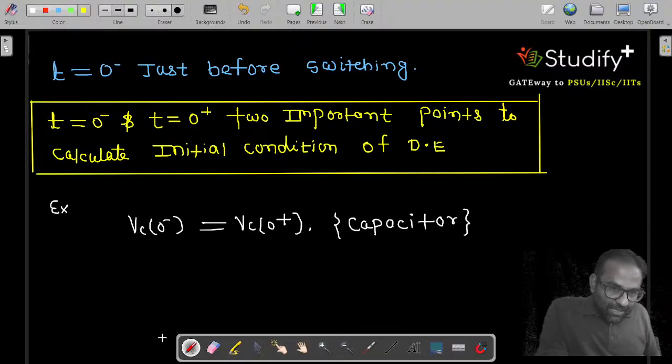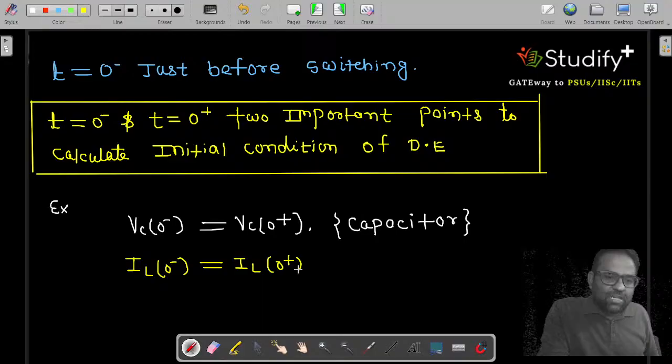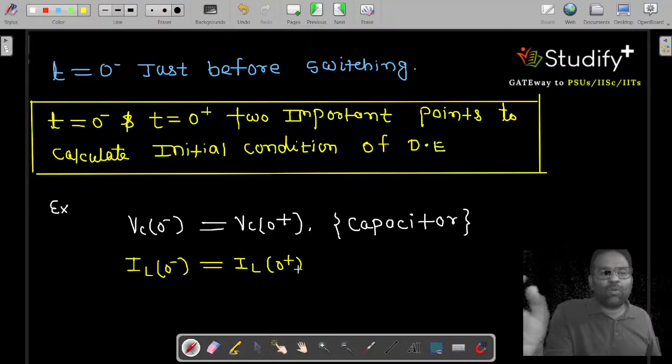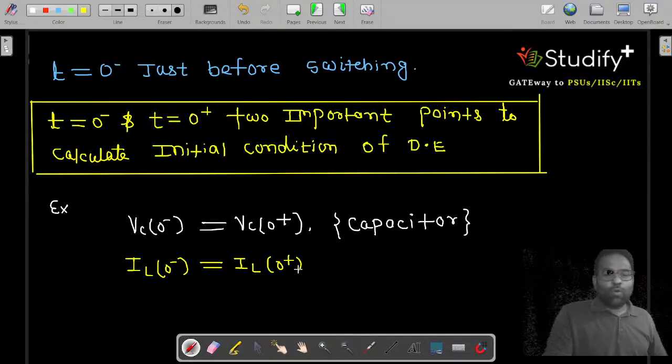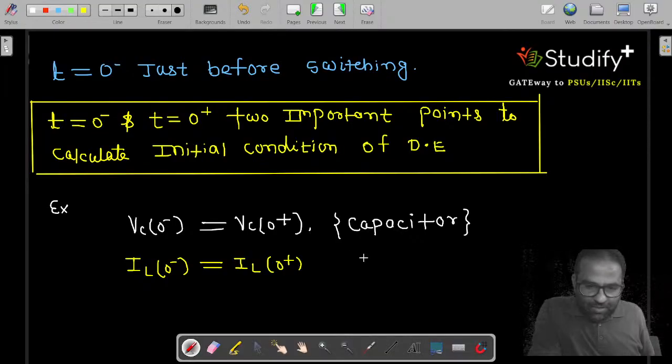The next condition is this: I can copy IL at 0 minus to IL at 0 plus, because we are interested in the initial condition for t greater than or equal to 0.